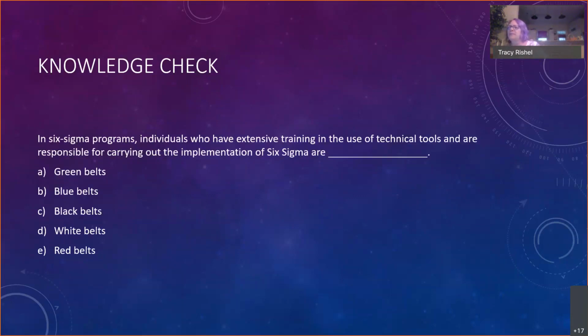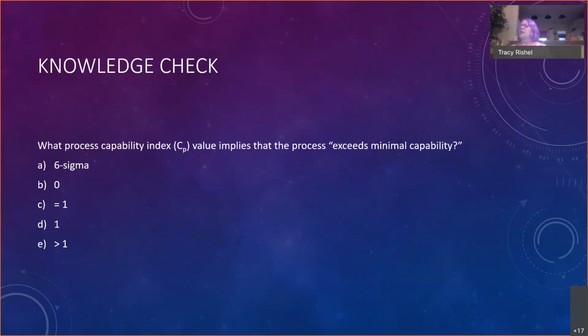So think about that. All right, let's take a look at what the correct answer is. Black belts. Black belts are one of the top levels that you can be certified in Six Sigma, and there's even different levels within black belt.